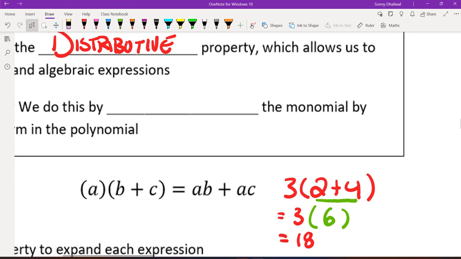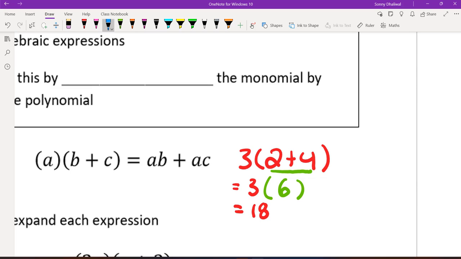So I'll show you how that one works. The way it works is we take the term outside the bracket and we distribute it through the brackets. This multiplies everything inside the brackets. So we go 3 times 2. Then we have a plus sign in between the next one, so we put a plus sign in.